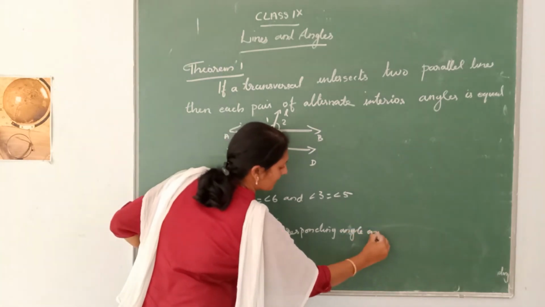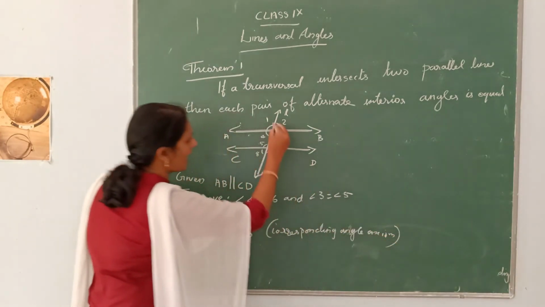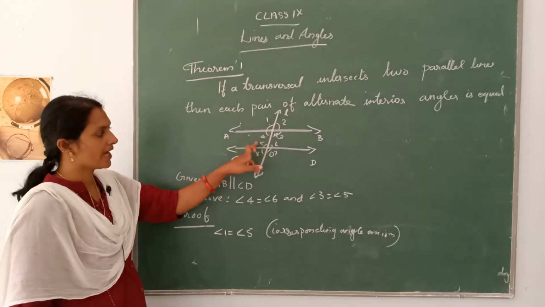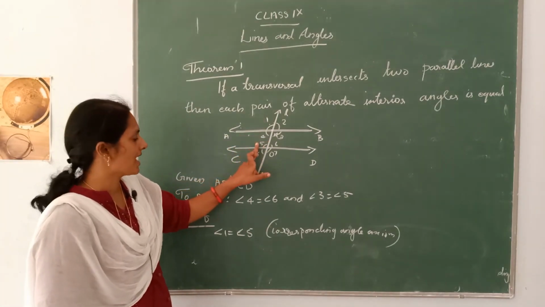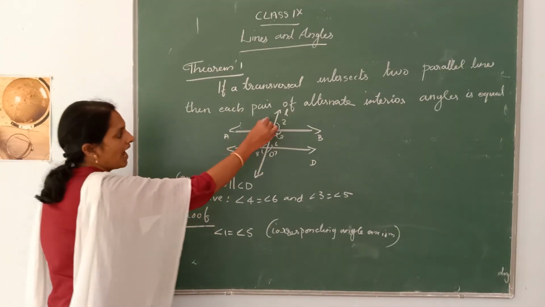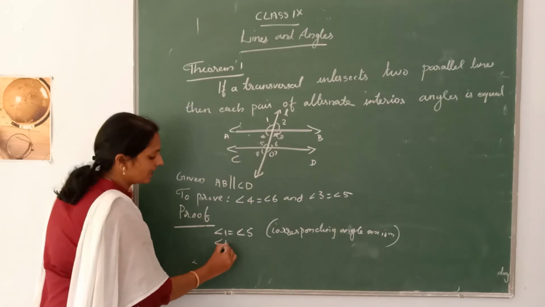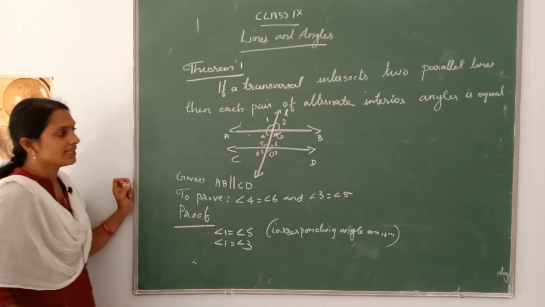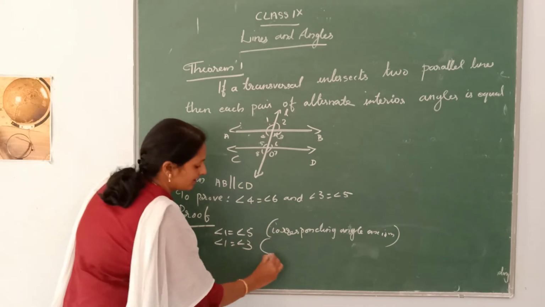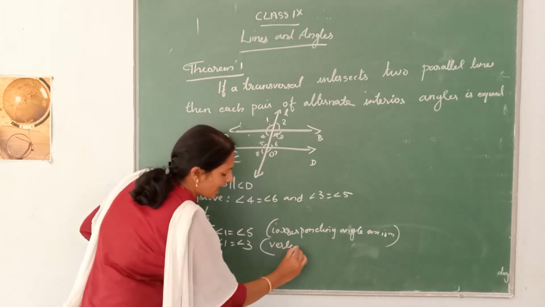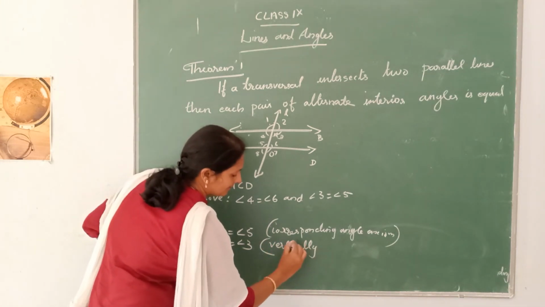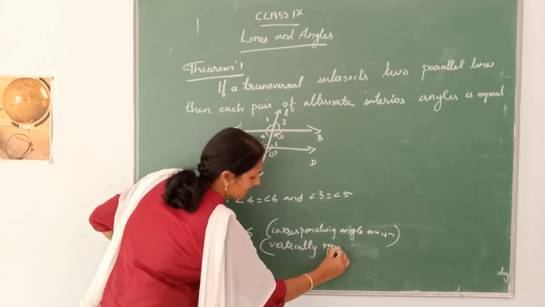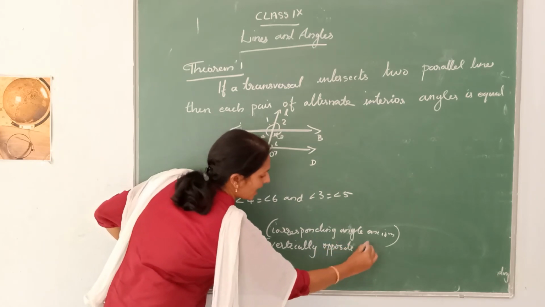Angle 1 and angle 5, corresponding angles, are equal by axiom 1. Then angle 1 is equal to angle 3, because they are vertically opposite angles.